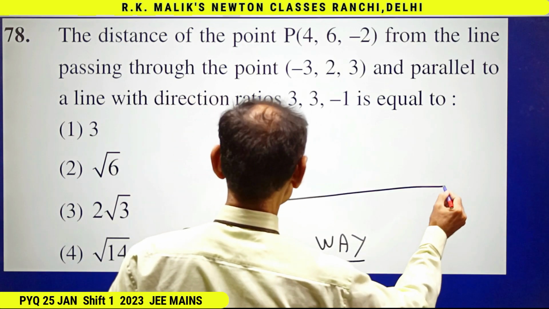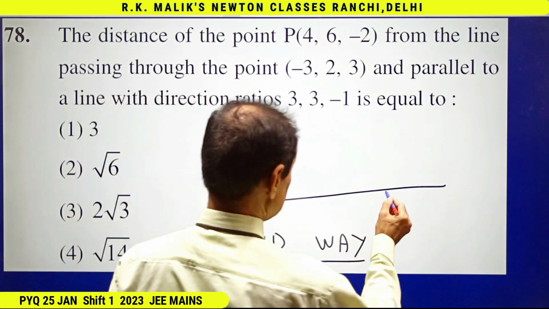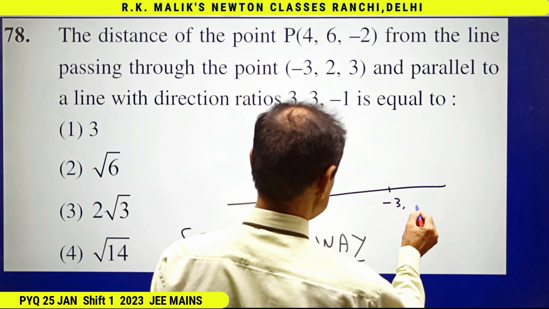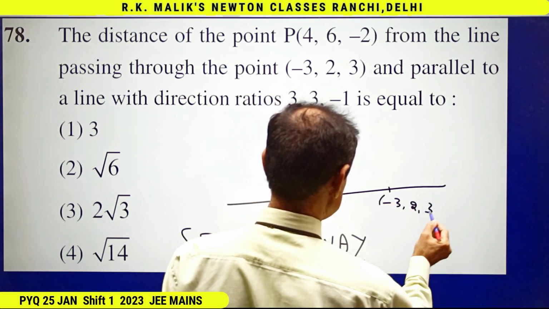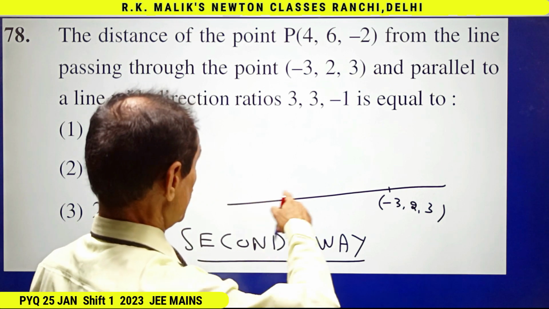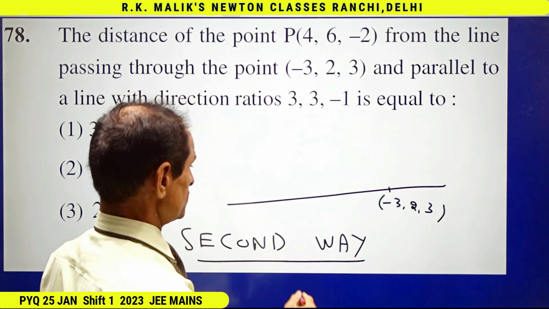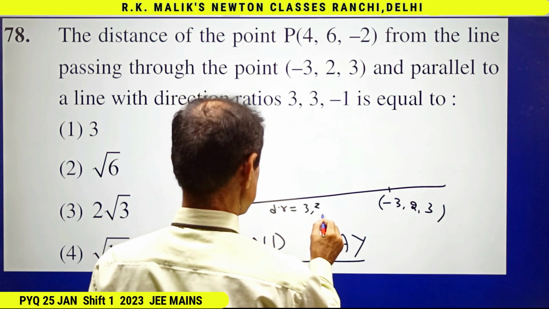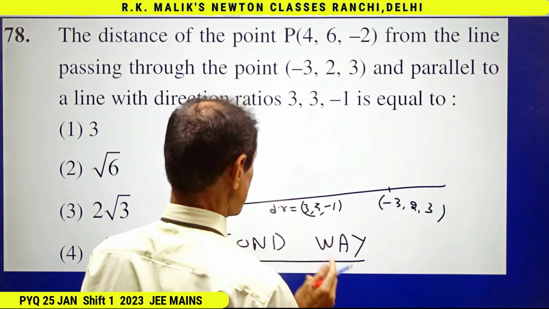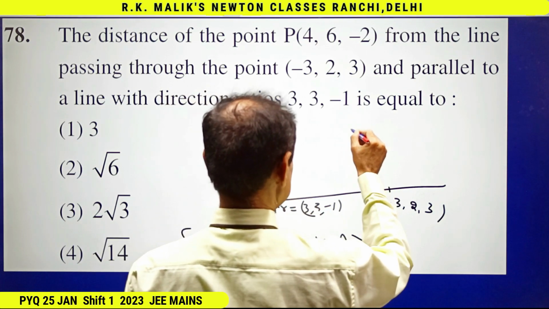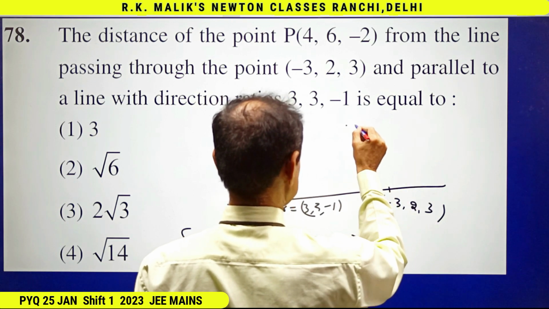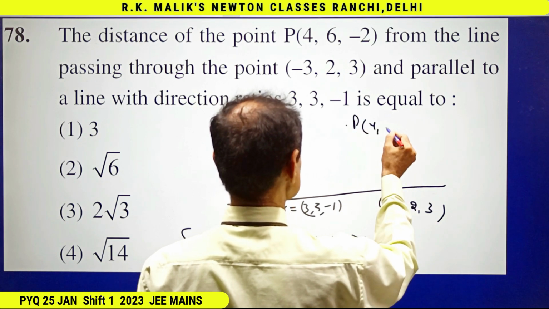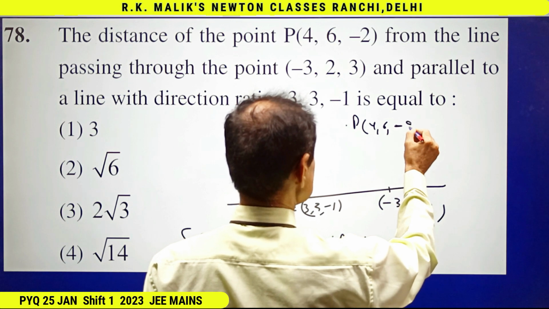As it is given that the line is passing through the point minus 3, 2, 3, and direction ratios of this line are 3, 3, minus 1. And P is the point 4, 6, minus 2.